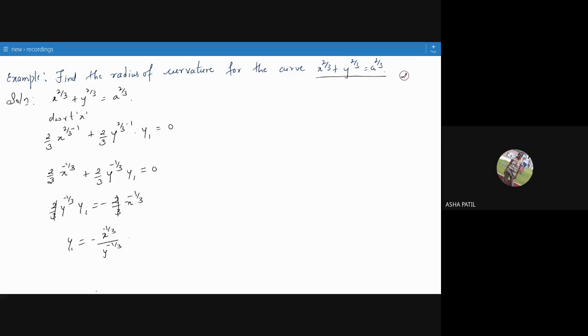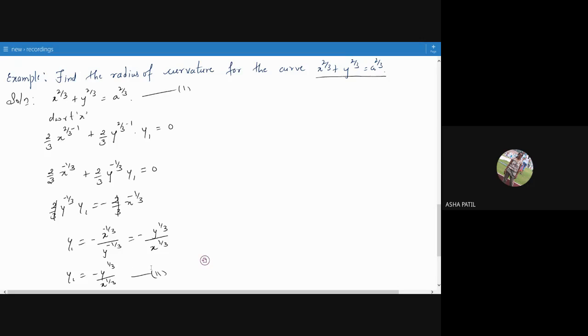Or if we take the reciprocal, we can write minus y raised to 1 by 3 upon x raised to 1 by 3. That is our y1. y1 equal to minus y raised to 1 by 3 divided by x raised to 1 by 3. Let us call the given curve as 1, y1 as 2.